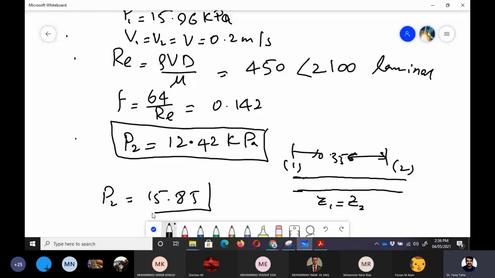So 15.96 was original, which means that only 0.11 kilopascal pressure drop is due to frictional effect. All the rest of the pressure drop in part A was due to flow against gravity. So I hope that you understand this numerical problem. If there is any query, you can ask me now. Otherwise, we can move on to the second problem.